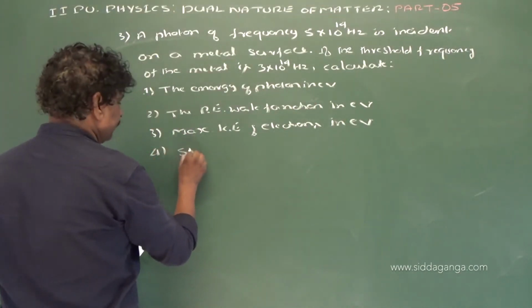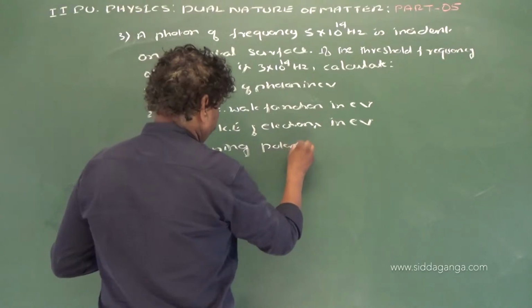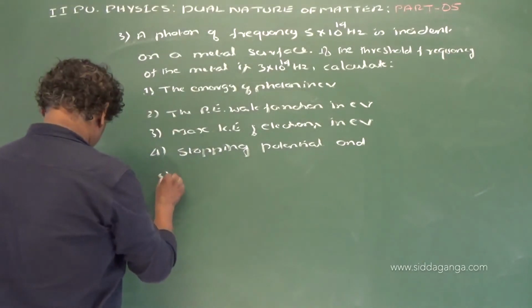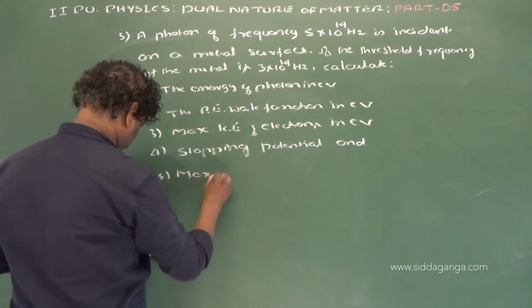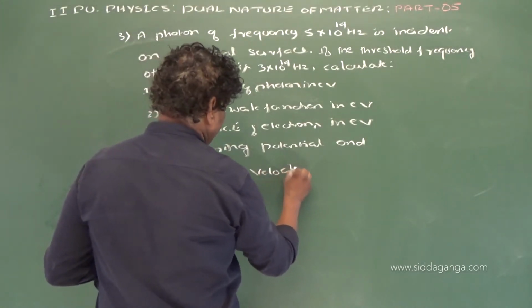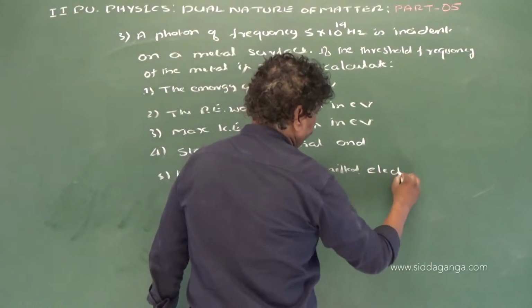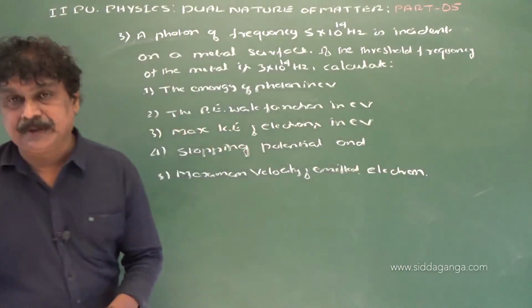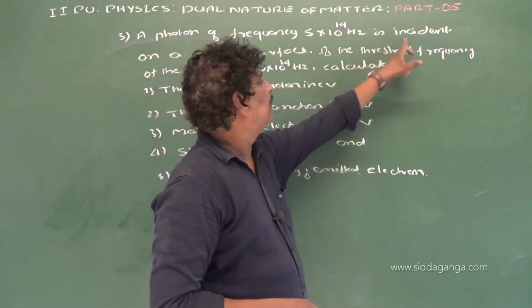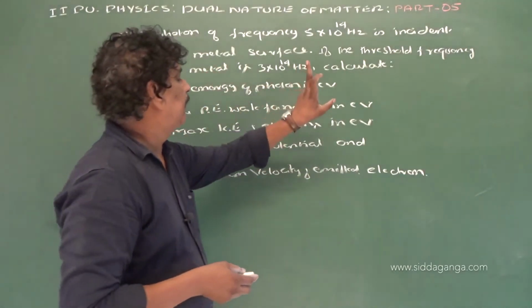Fourth, the stopping potential, and fifth, the maximum velocity of the emitted electron.